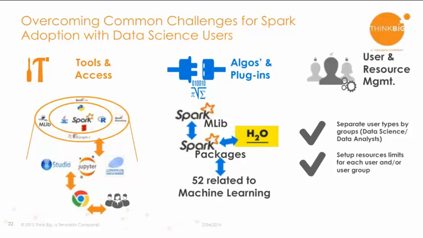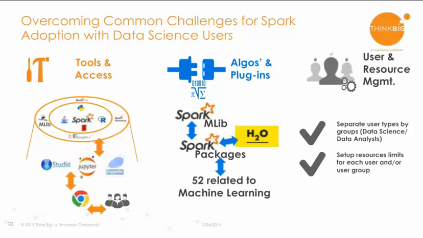Don't look at Spark MLlib or any other framework and say, oh my God, I'm restricted or limited to these algorithms. I recommend all of you look at Spark packages, and at other open source libraries that integrate natively with Spark, such as H2O, and see if some of those frameworks will help you solve those business problems.